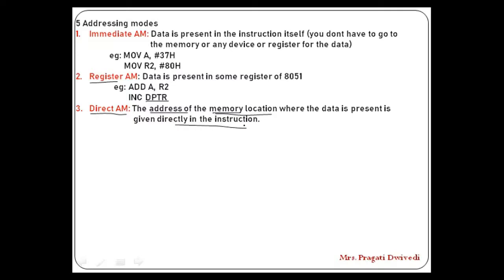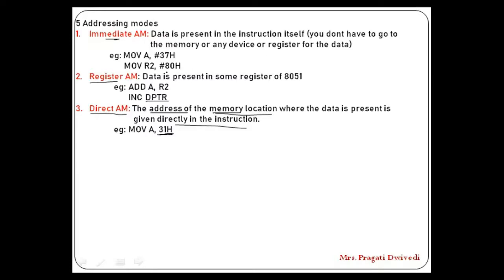You don't have to guess which memory location the data is in. The address of the location will be given directly in the instruction itself. For example, MOV A, 31h. You don't have to get confused between immediate and direct addressing mode.